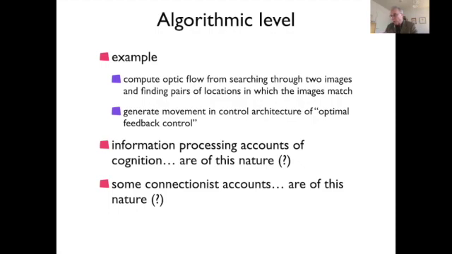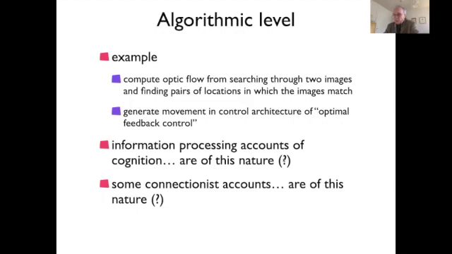So I will argue in a moment that information processing accounts of cognition, I'll mention a few more, are sort of at this level, that they propose algorithmic, specific computational methods of how you could achieve a function without actually saying exactly how it's implemented in the brain. This is debated, but I think that's a possible framing of those.